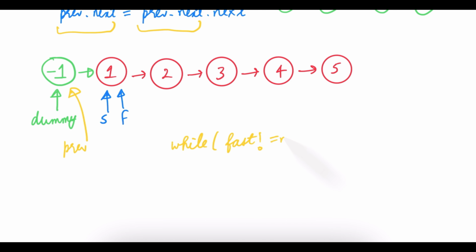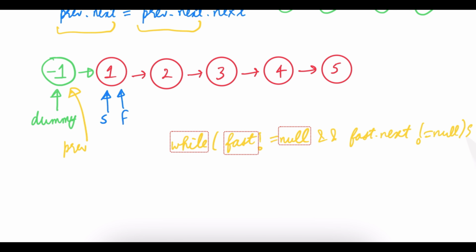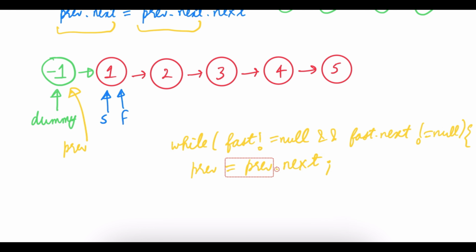So where we had fast is not equal to null and fast.next is not equal to null, in this while loop, we are going to add another iteration for previous equal to previous.next.